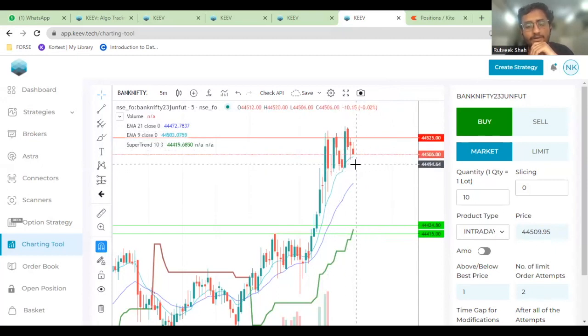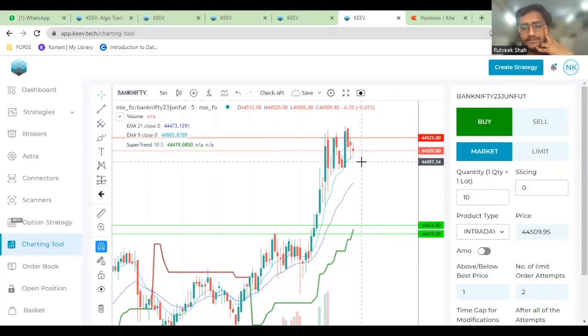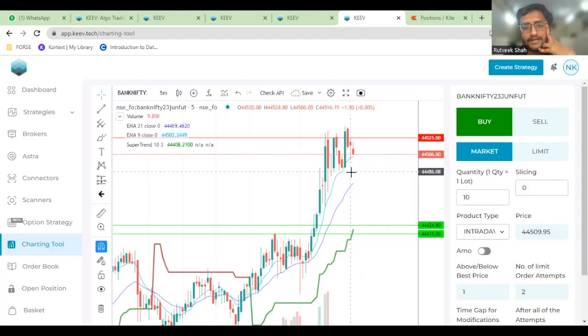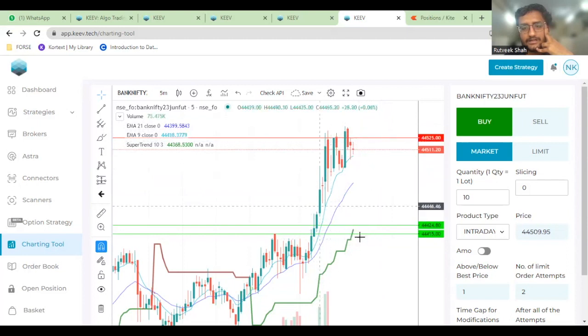So it is important to enter a position after the 9 EMA support is broken. We'll wait and see till the 9 EMA or the resistance level is broken, and after that there will be a more directional sense to the market and a clear picture of where the market is trending.